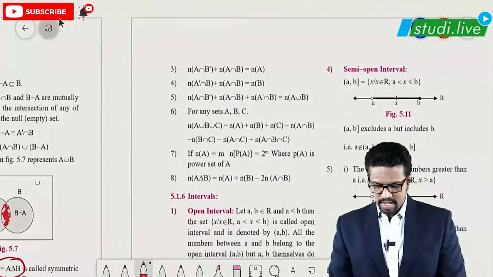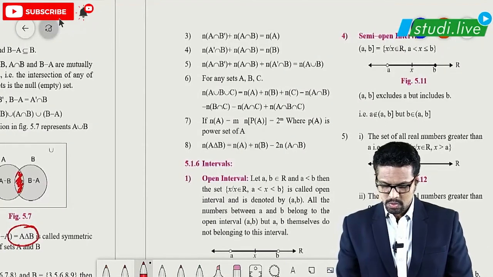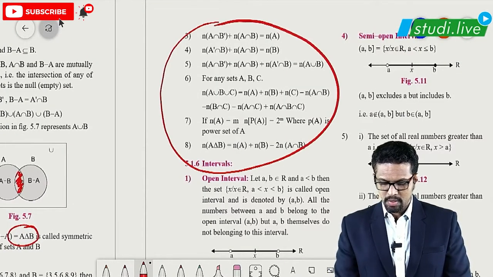Remaining formulas that we have for cardinality are these. All these formulas are very important.